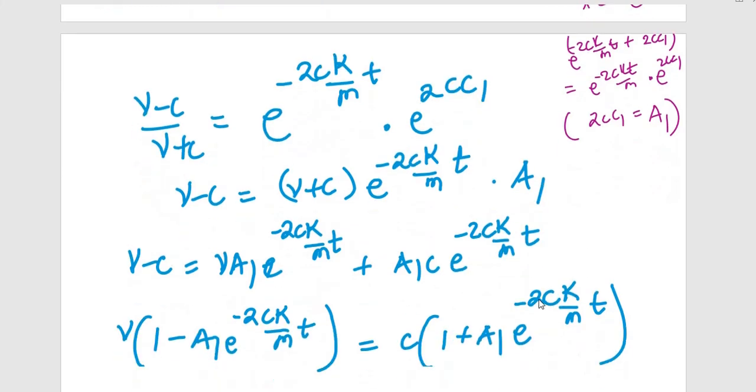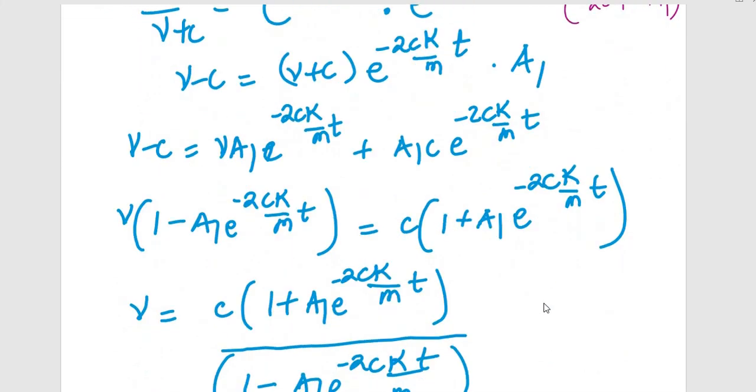And therefore, if I write like terms together, I end with v into 1 minus a1 exponential of negative 2c kt out of m, close brackets, is equal to c into 1 plus a1 exponential of negative 2c kt out of m.